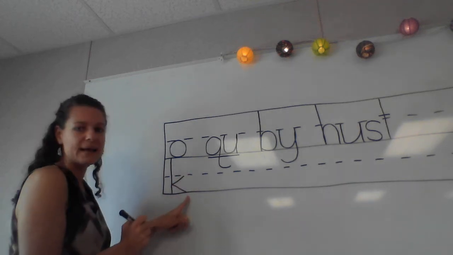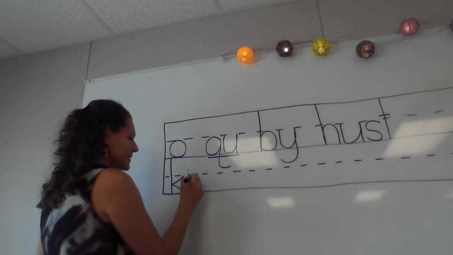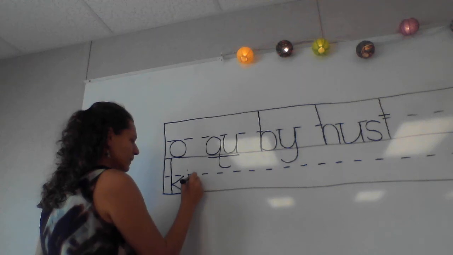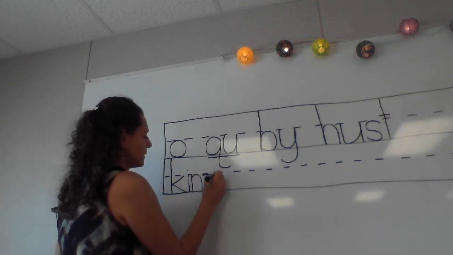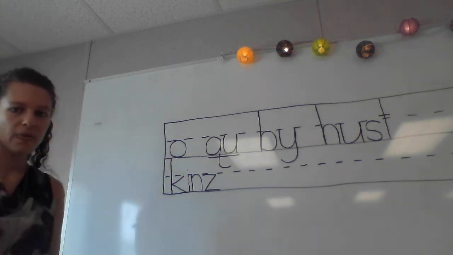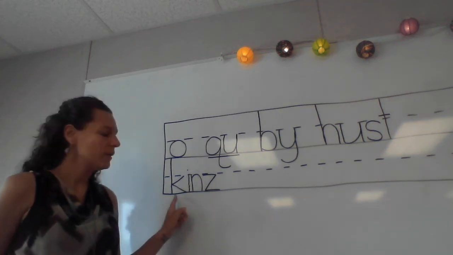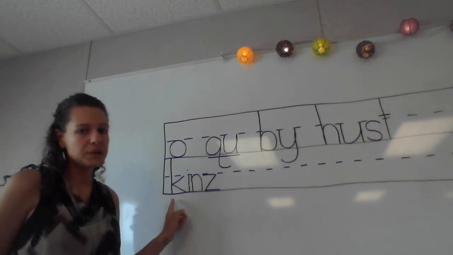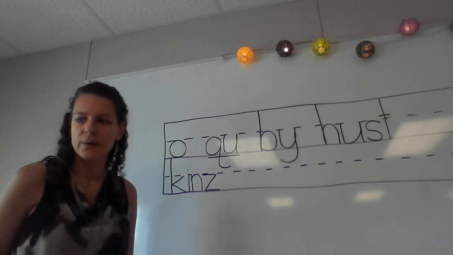What's the next sound? Good, I. What's next? Good. And the last sound? Good. I wanted to see if you could remember to use line letter K as well as writing the letters. So let me know how that went for you.